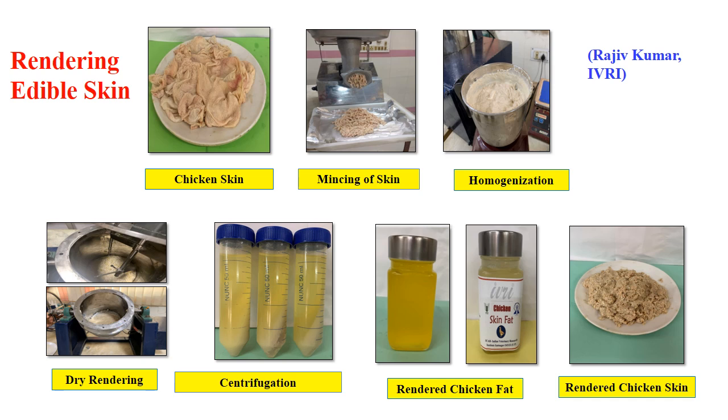In this rendering high temperature and pressure is applied. All the fats will be melted like oil and this oil can be separated by centrifugation. Now this oil can be used in the edible category as a margarine, and the remaining part, that is the fat free portion, can be used for other edible purposes or making chicken products, etc.